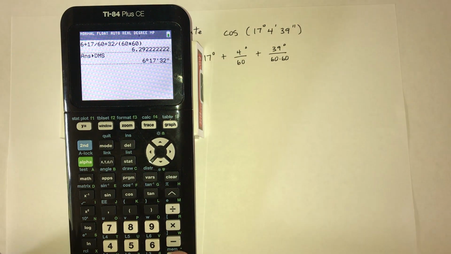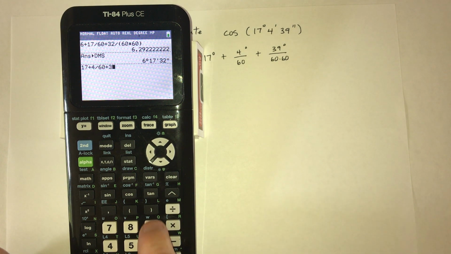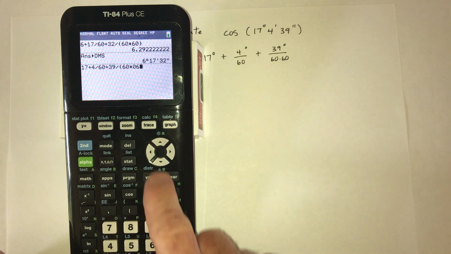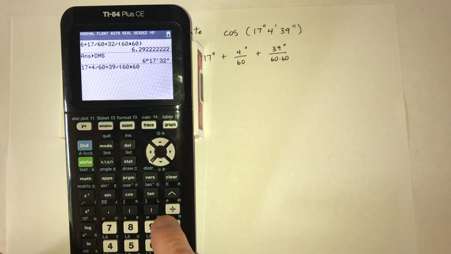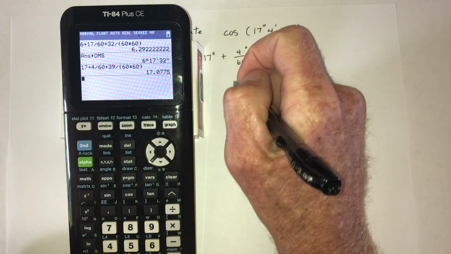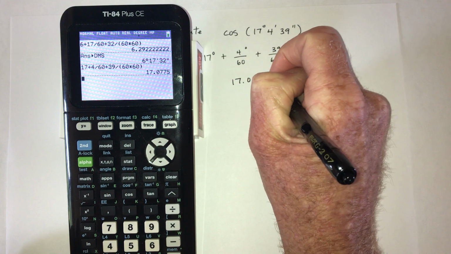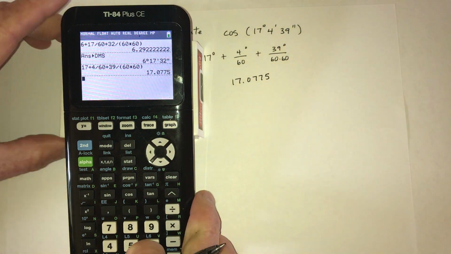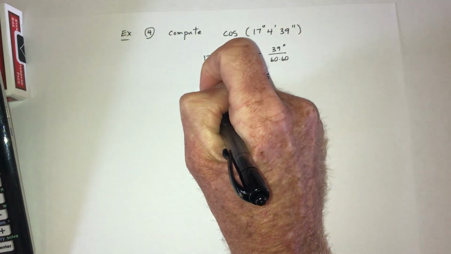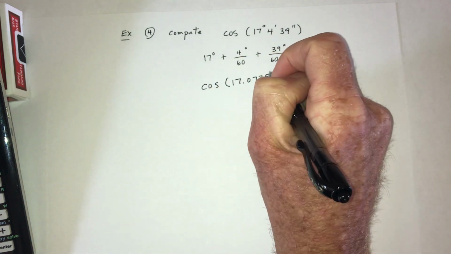So that would be a 17 plus a 4 divided by 60 plus a 39 divided by 60 times 60. So that's 17.0775. And then we're supposed to find cosine of that.